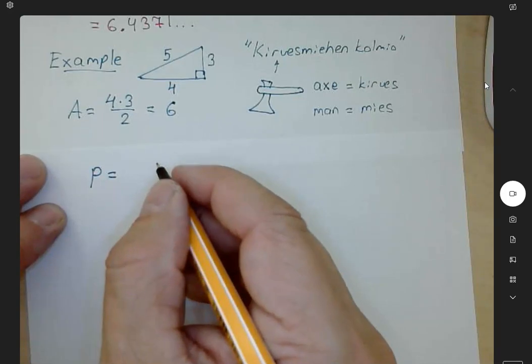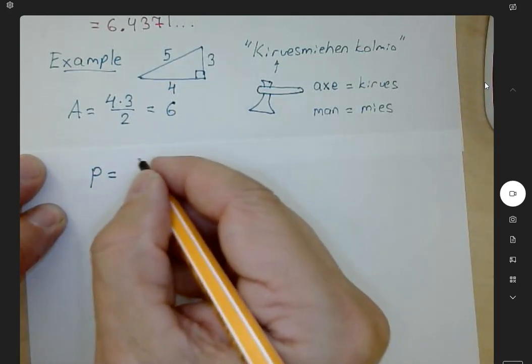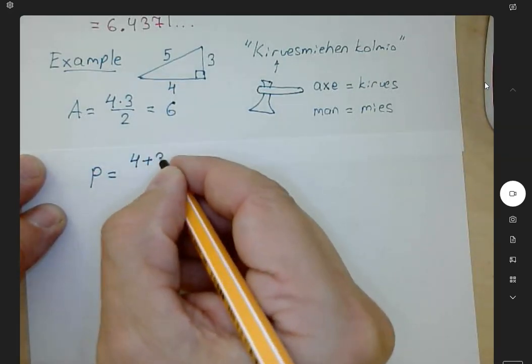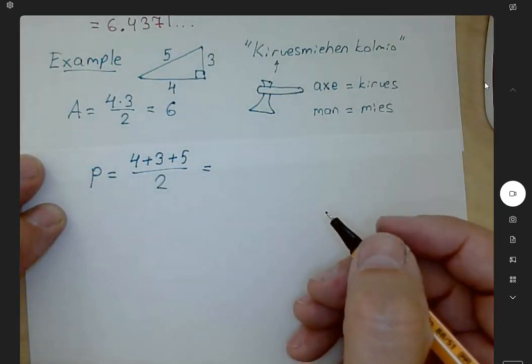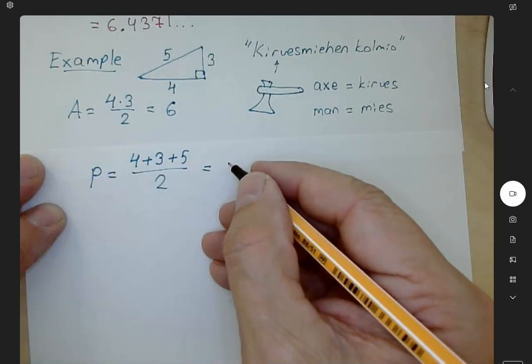Right now s is half of the perimeter, 4 plus 3 plus 5, so it is 6.